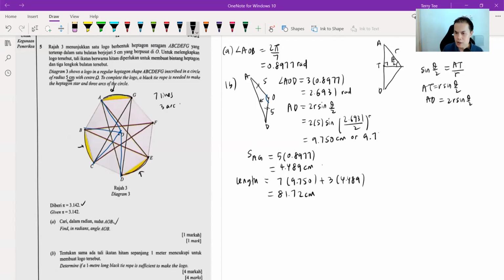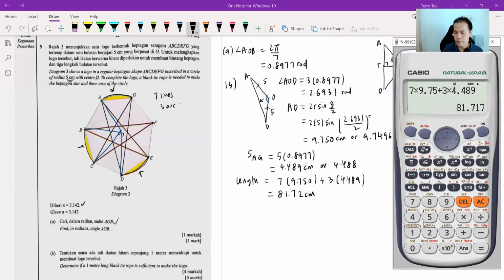Just now I got 9.7496. This one I got 4.488 something. Let me see again. 5 times 0.8977 is 4.4885.